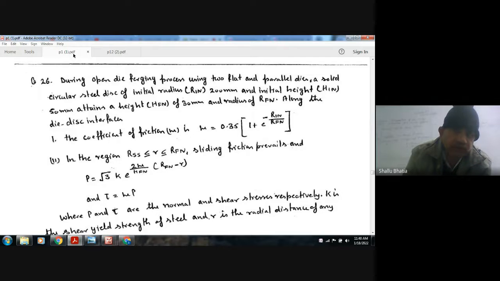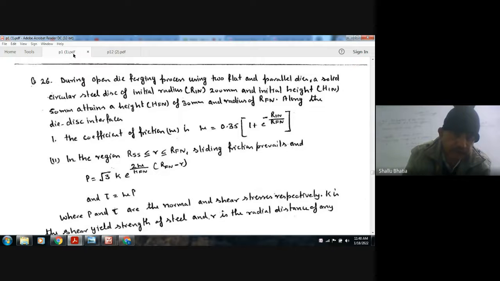Along the die-disc interfaces, the coefficient of friction mu is 0.35(1 + e^(-r_n/r_fn)).